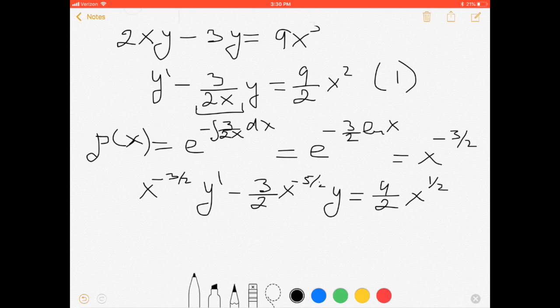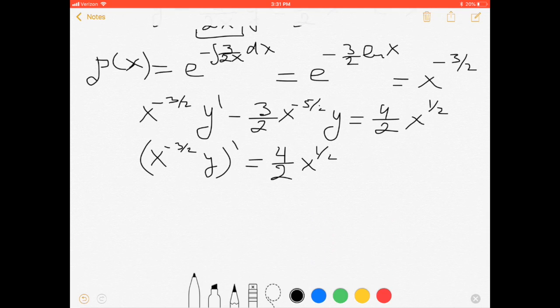The left part of my equation is the derivative of x to the negative 3/2 y. If you remember how the derivative of a product works, it is exactly what we have. And here we have 9/2 x to the 1/2.